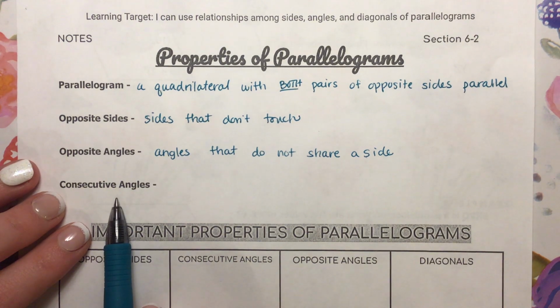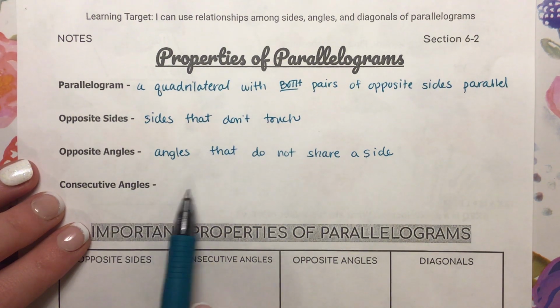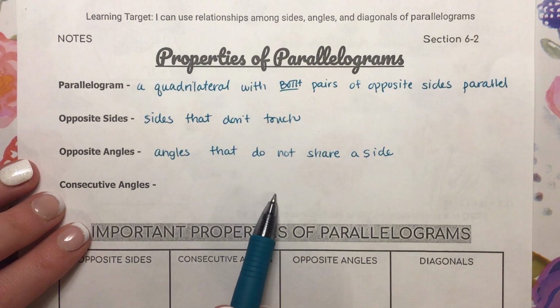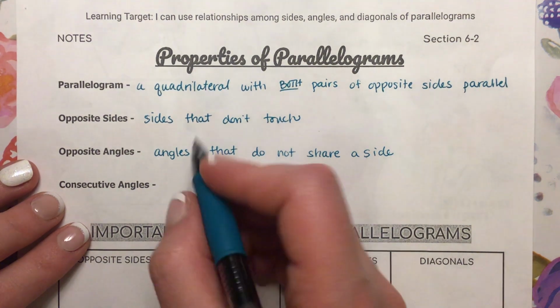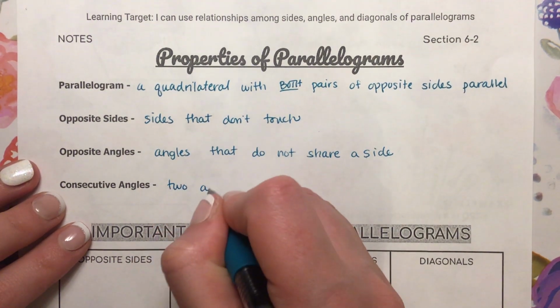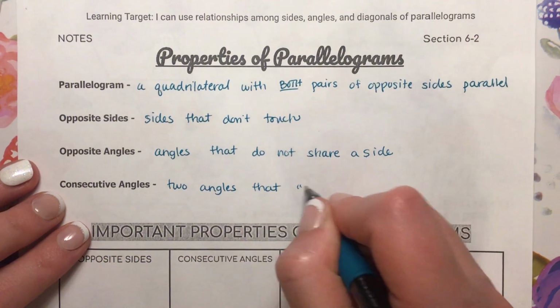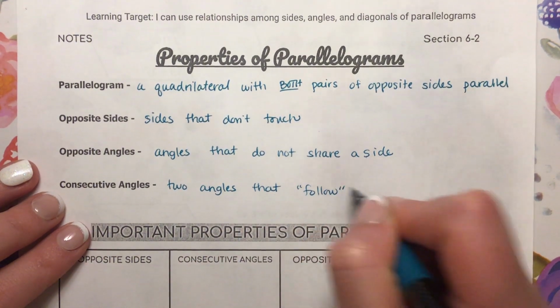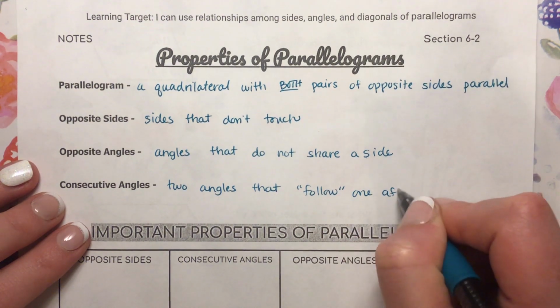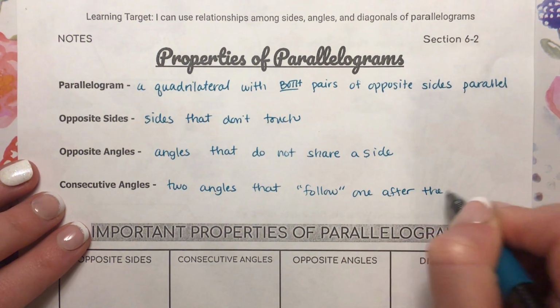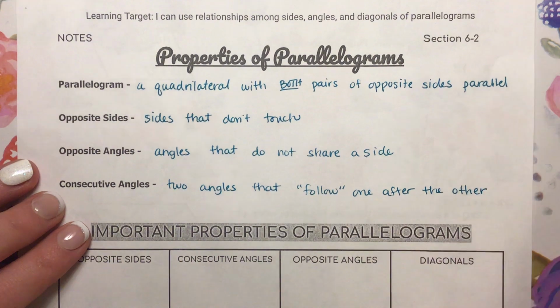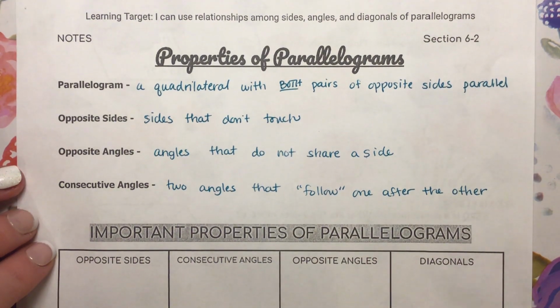And consecutive angles are angles that follow one after the other in a parallelogram. And we're going to see what that looks like here.